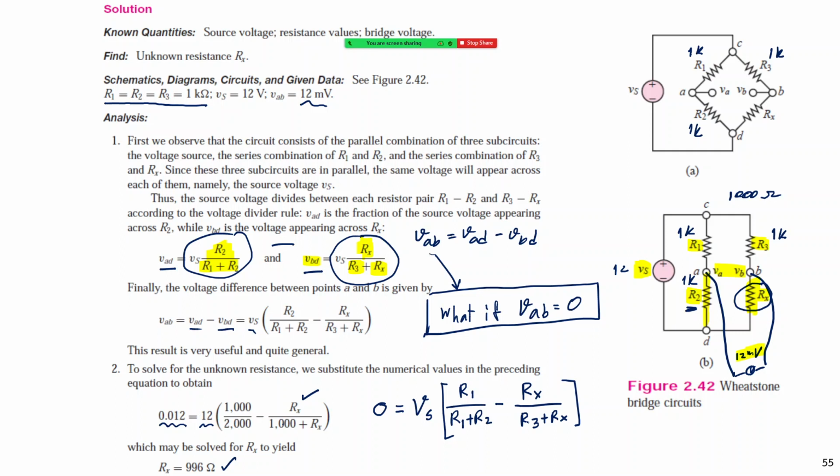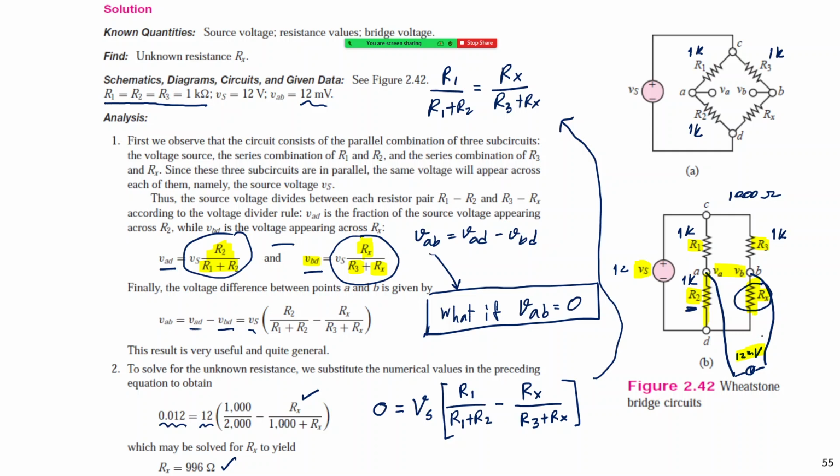Since this value is 0, dividing by Vs on both sides, you will get R1 by R1 plus R2 equal to Rx divided by R3 plus Rx.